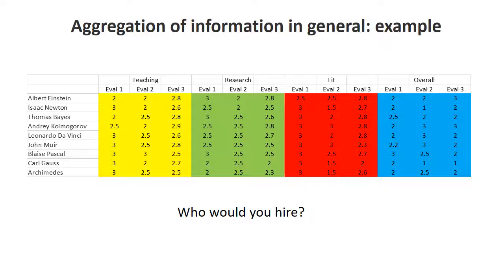And then the question could be, how would you aggregate all these scores into some kind of ranking of these candidates in terms of your criteria? The usual way of doing it, let's say, is just to average everything, and of course averaging comes with a regression to the mean.